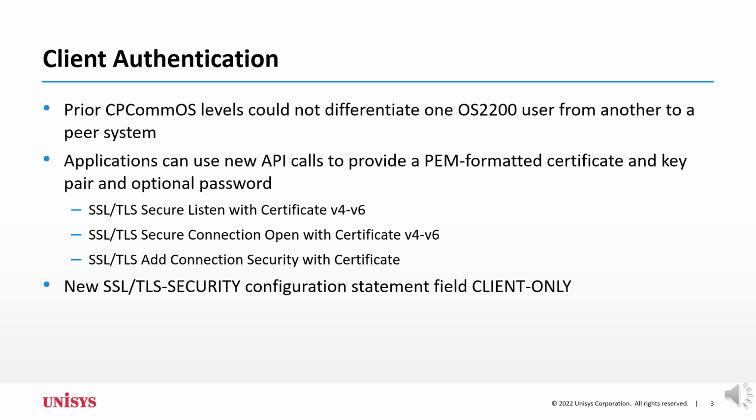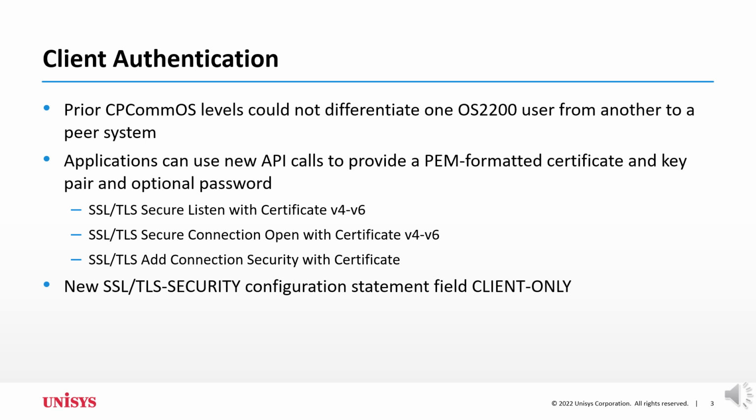SSL TLS Secure Listen with Certificate v4 v6, SSL TLS Secure Connection Open with Certificate v4 v6, SSL TLS Add Connection Security with Certificate. CPCommOS uses the certificate and private key pair provided on the API procedure call instead of the default certificate and private key pair configured on the SSL TLS security configuration statement in use for the application.